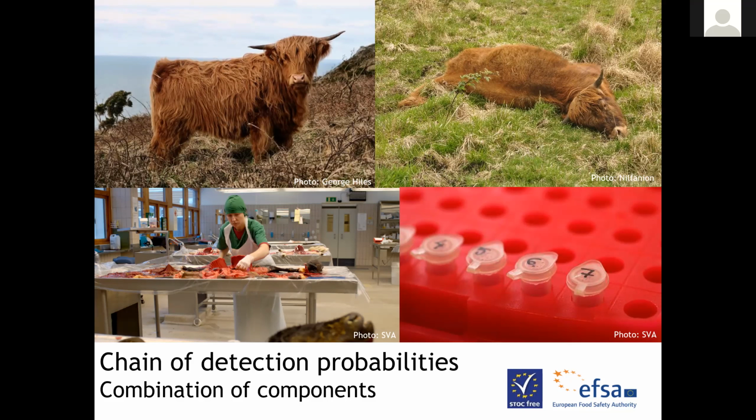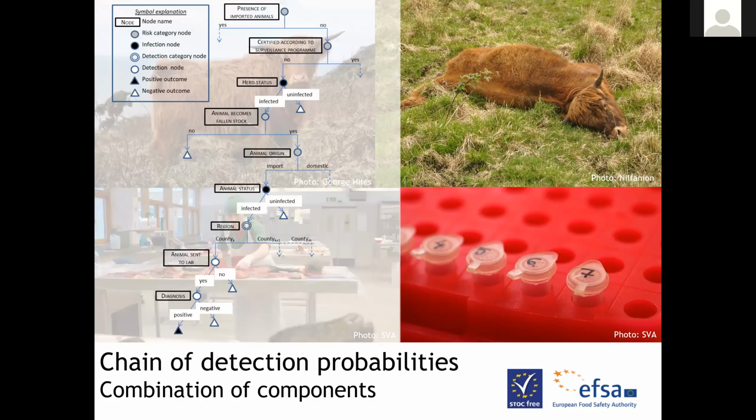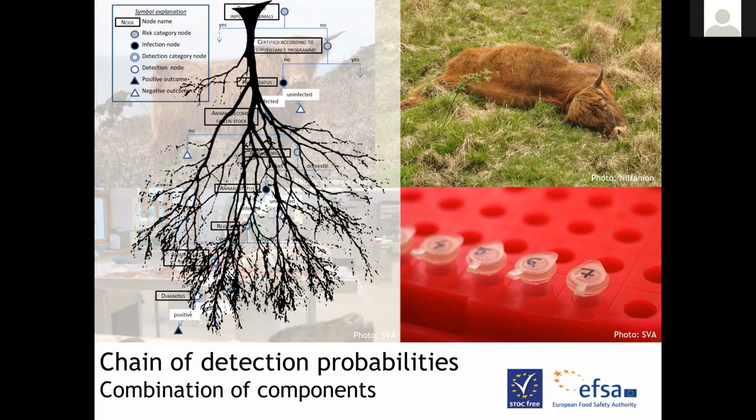So all of these probabilities make up a chain of detection. And if you connect them, these all potential pathways where you can find an infected animal, you will get several branches in a tree structure. And I guess that's why it's called a scenario tree model. Here is a tree upside down. And all of these scenarios that happen in reality can be included in this type of model.